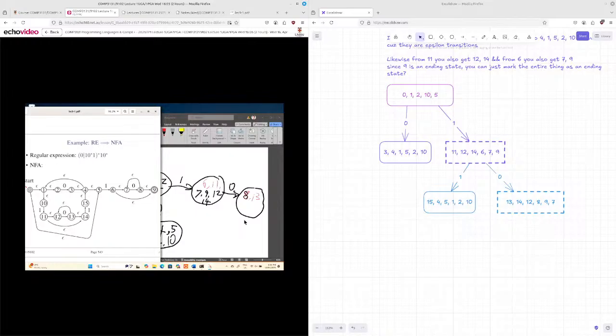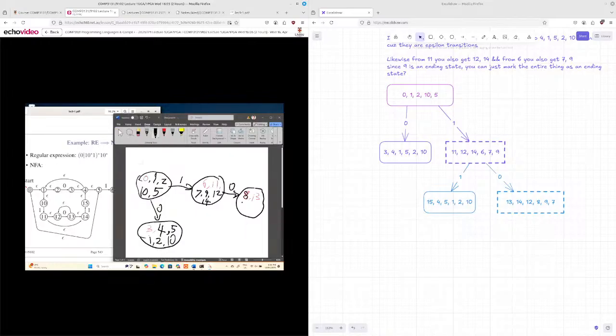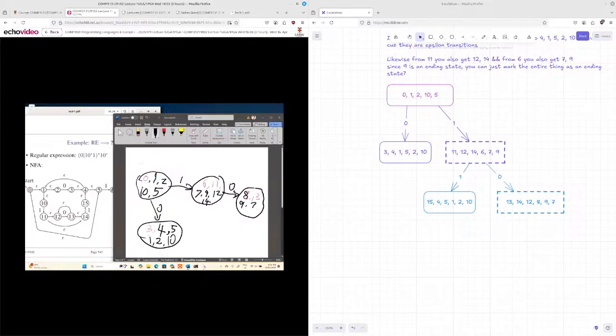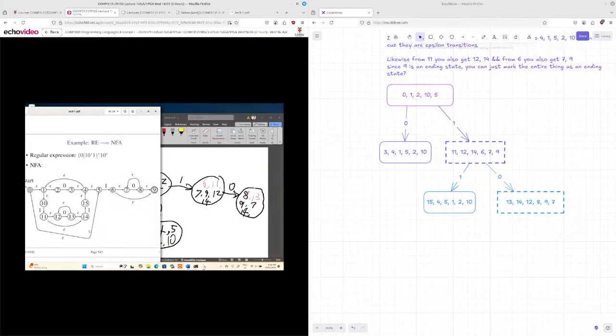Once we are at 8, we can reach 9. Once we are at 8, we can also reach 7. If we're at 13, we can reach 14. And we can also reach 12.